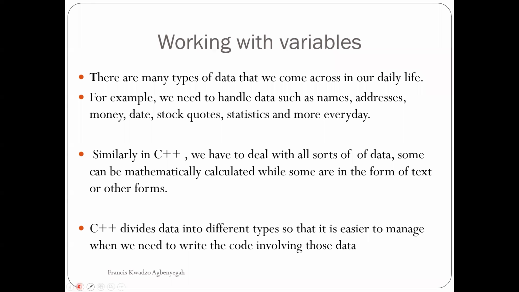For example, if it is a number, the way you manipulate that number will be quite different from if it is a string. The same thing also applies to money. So you must be able to declare your variables and assign a data type to them, because the data type tells the compiler how it should handle your data.